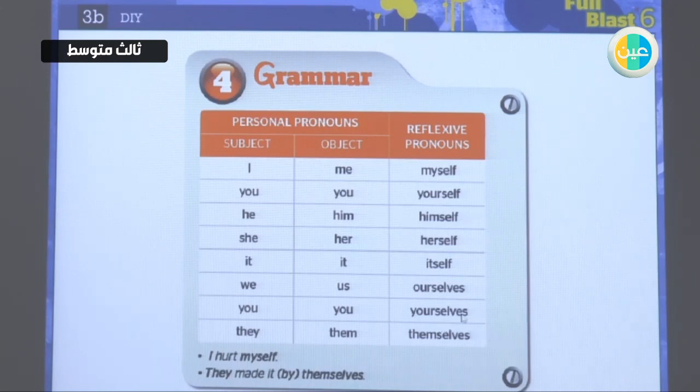For example, let's say I bought myself an expensive pair of shoes. Or let's say he never talks about himself. So the subject and the object are the same. That's why we use the reflexive pronoun.